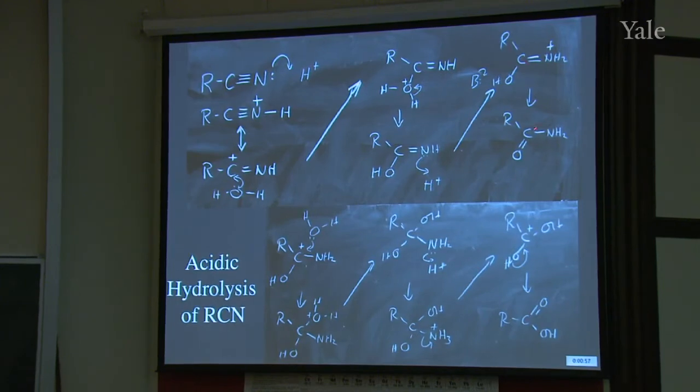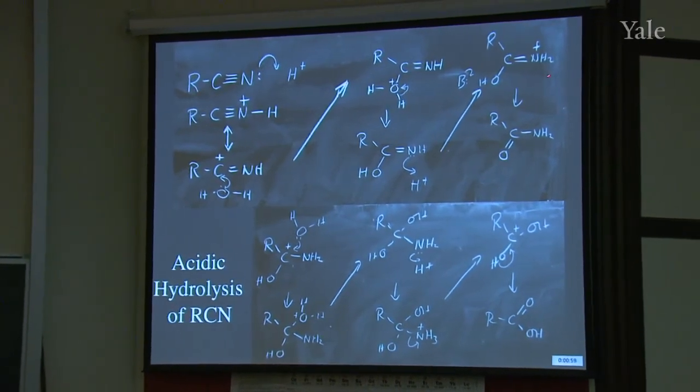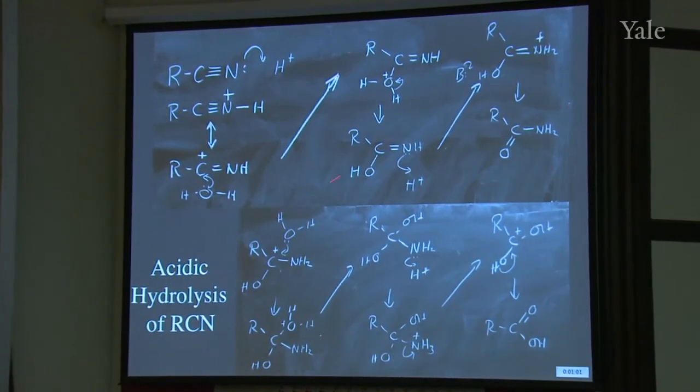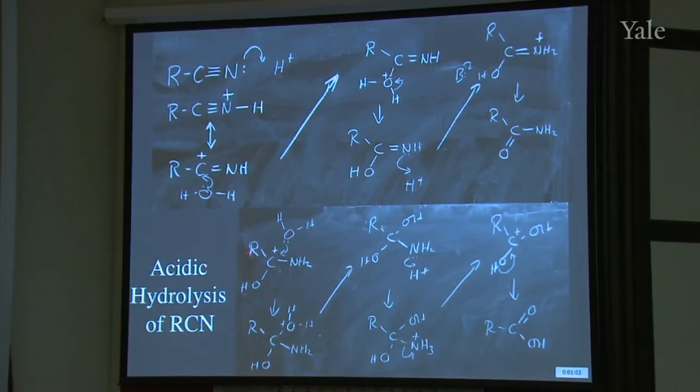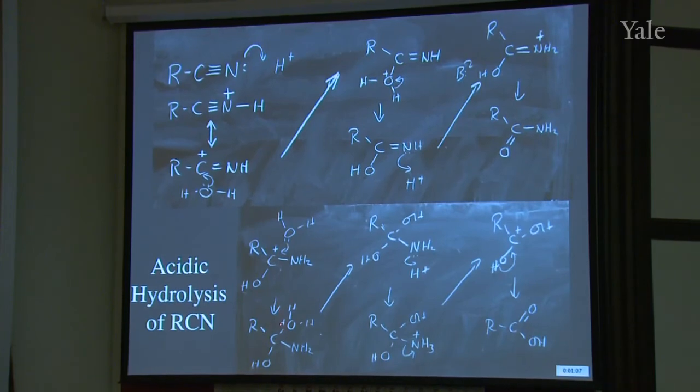But now suppose you protonate this back again and get to this one, which I've redrawn here, and have that carbon plus attacked by water, right? So now a second water attacking the carbon, okay? And take the proton off here and put it on the nitrogen, and then have the NH3 leave with the electrons, right?